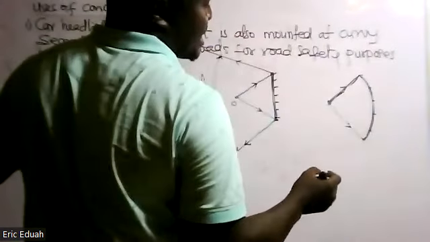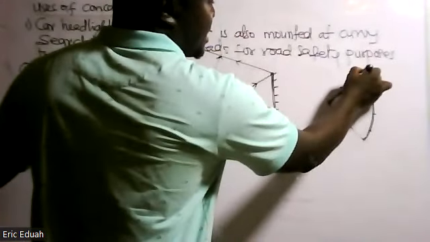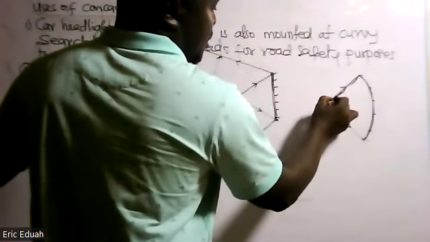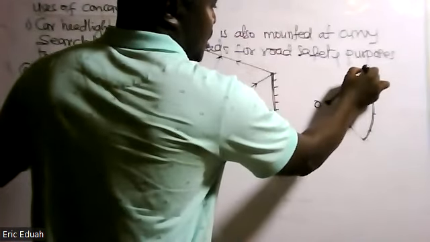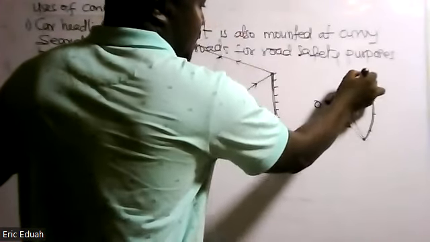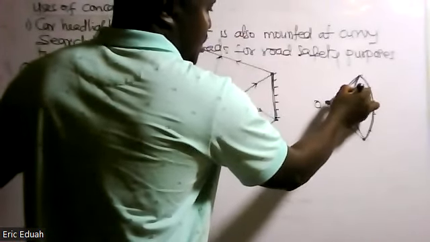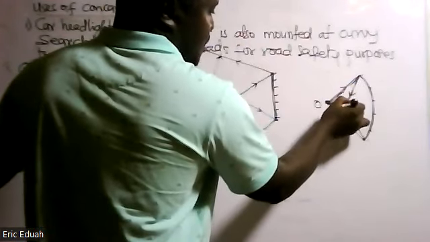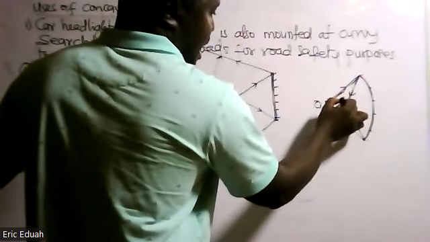A concave mirror has the ability to converge the reflected rays. So this will be the image.